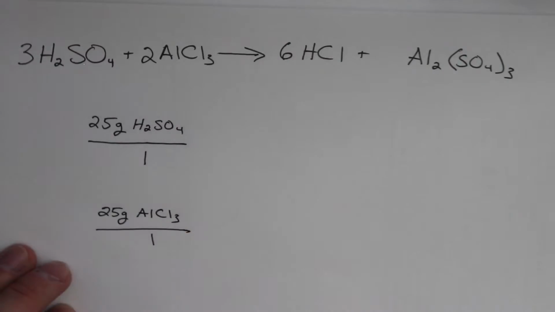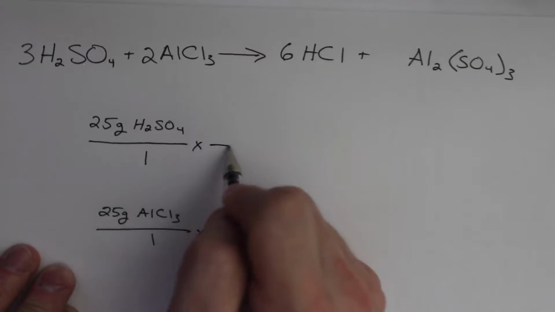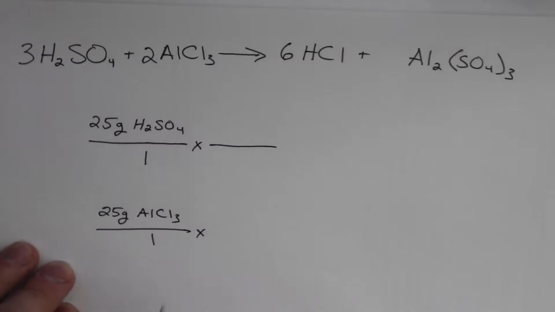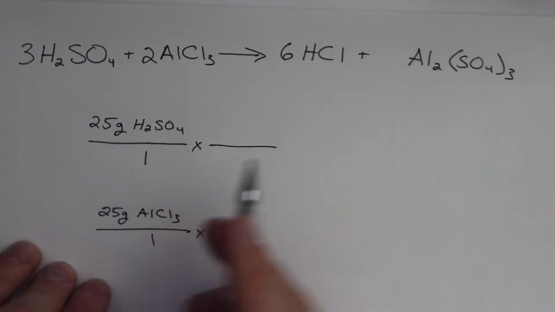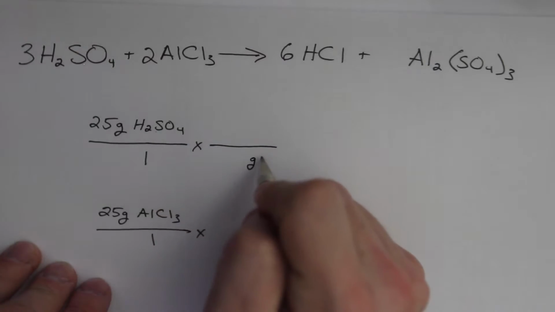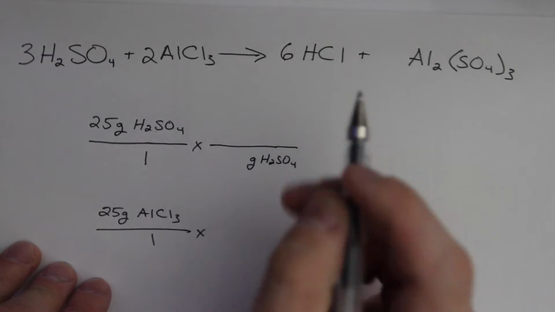So far we've balanced the equation and we've written everything we're given over 1. And what we're going to do first is convert both of these to moles. So if we have grams of sulfuric acid on top, obviously we are going to have grams of sulfuric acid on the bottom in order to get them to cancel out.